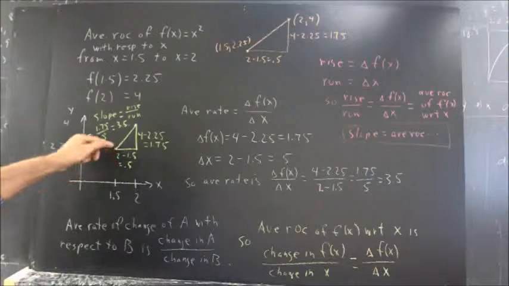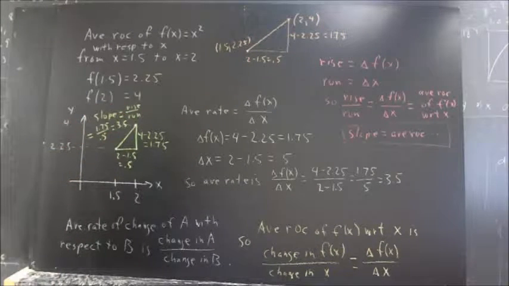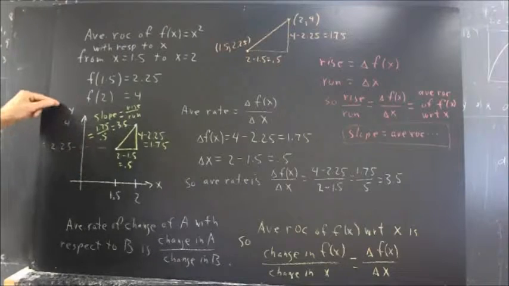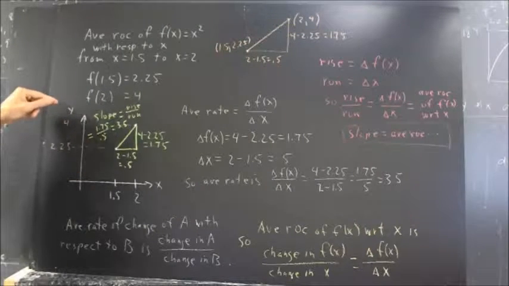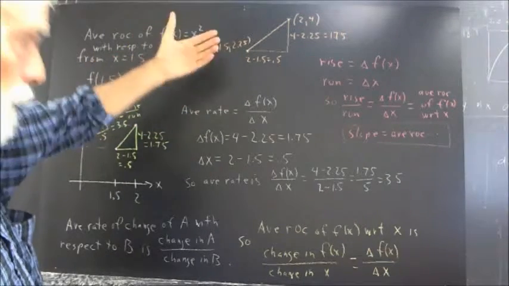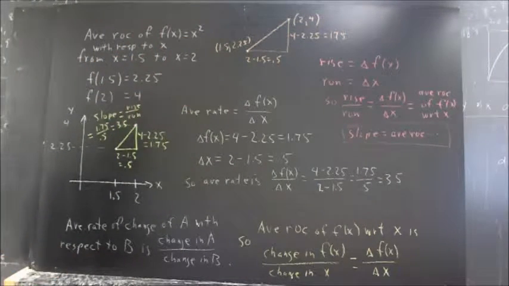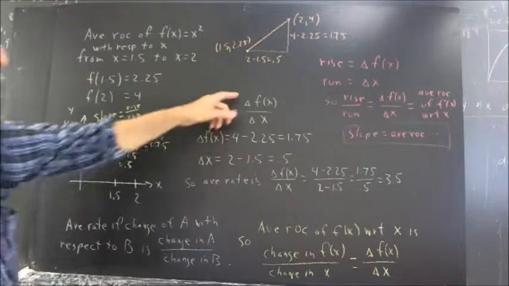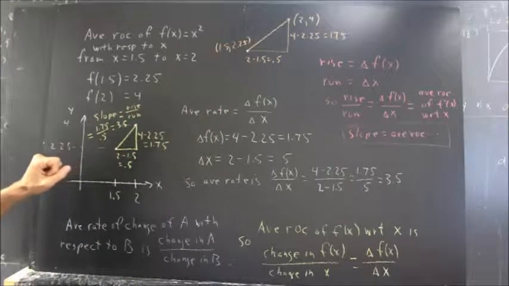Okay, that's the run between this point and this point. And the rise is the change in your y value. And the y value is the value of f of x. You have y equals f of x, so that the change in f of x is the rise between these 2 points.